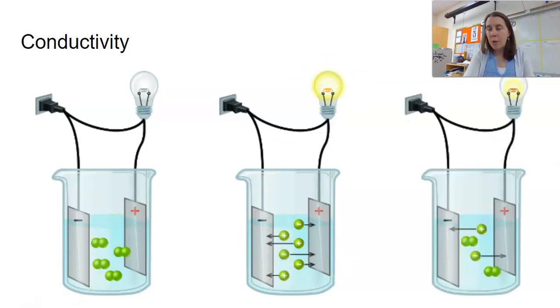And then weak electrolytes, you have some ions, so the light bulb would light up, but it doesn't light up as bright as the strong electrolytes. All right, and this brightness would also be related to how much of the electrolyte you dissolved in the solution in order to get the ions that are there.